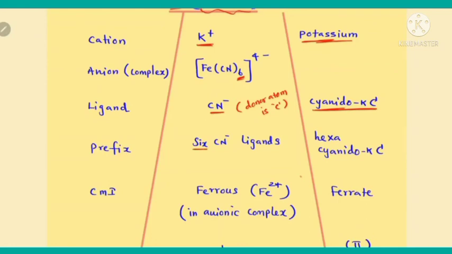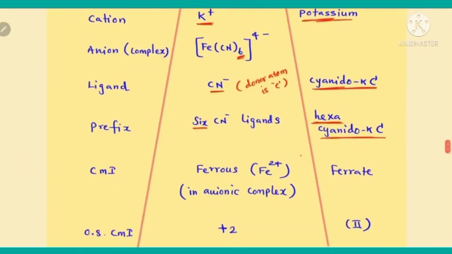Six ligands, so we use the Greek prefix hexa, and the ligands together are called hexacyanido-κC. While naming the complex ion, the ligand comes first, followed by the central metal.